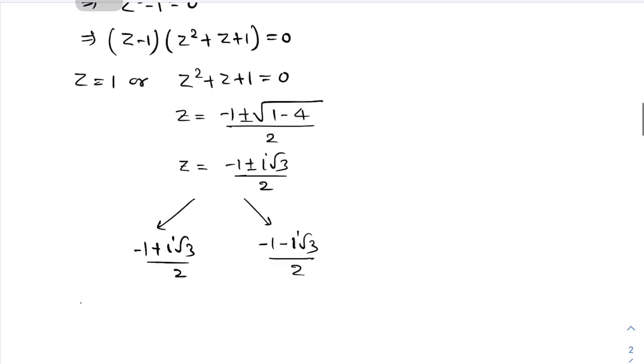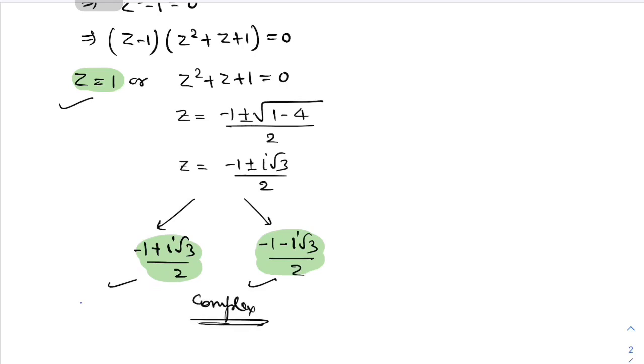So these three are the cube roots of 1. One is 1 itself. Cube root of 1 means the number which we multiply by itself 3 times to get 1. So one value is 1 itself, and the other two are complex numbers: one is -1 plus iota root 3 by 2, the other is -1 minus iota root 3 by 2.